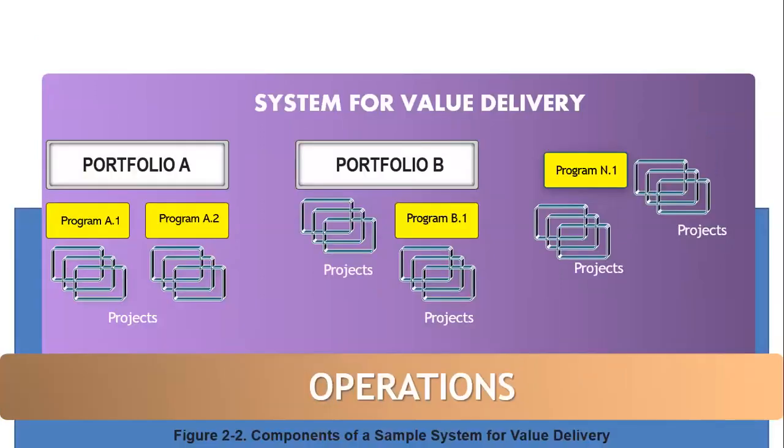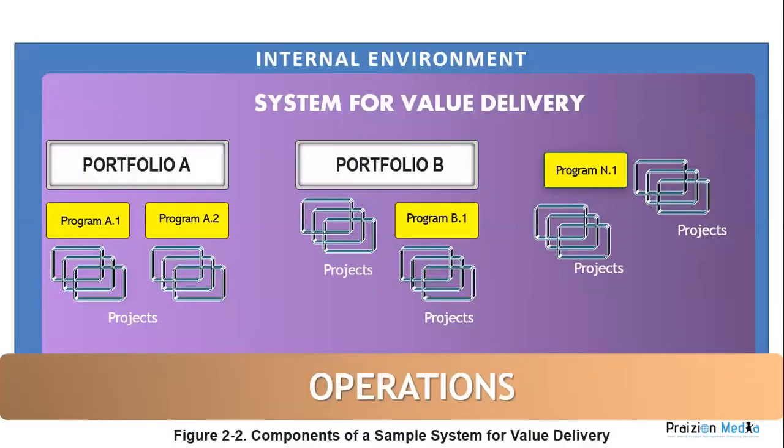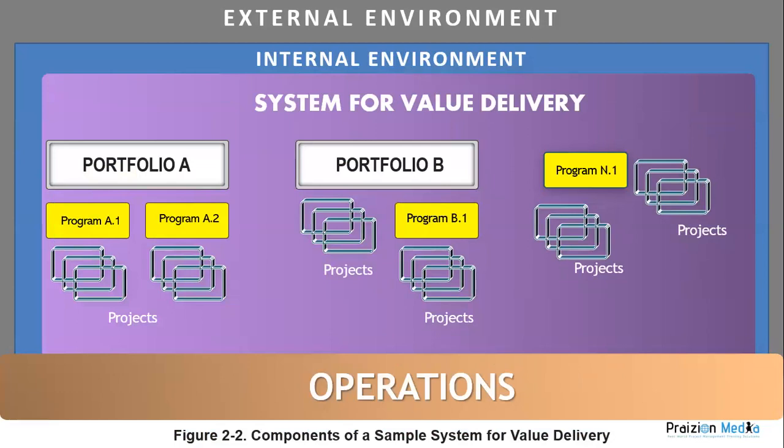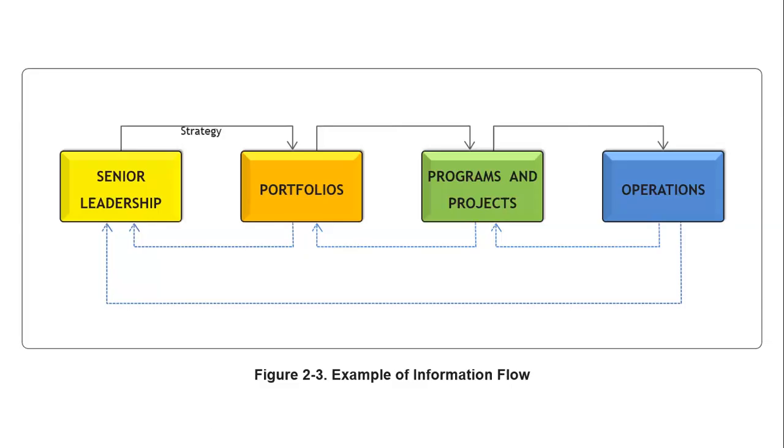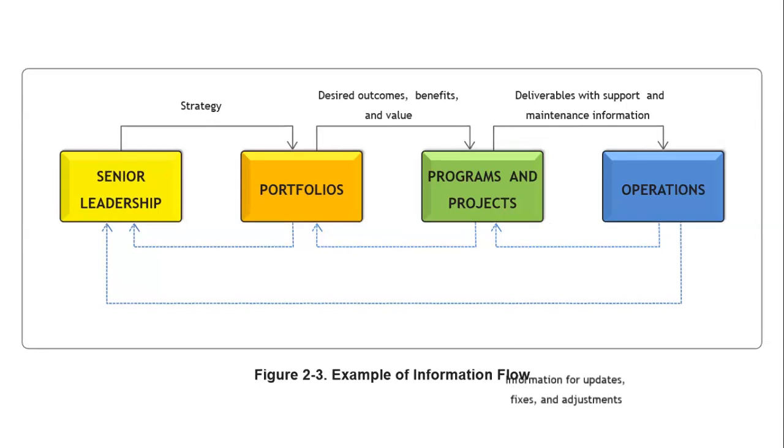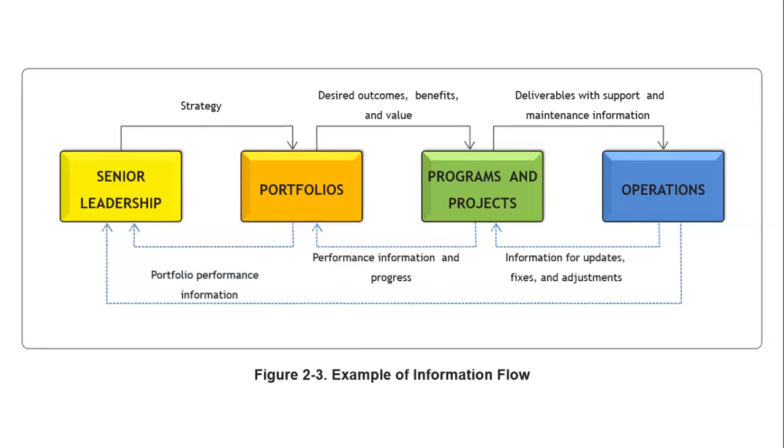The entire thing is in an internal environment, and then we have the wider external environment, and all that stuff is talked about, and how the communication happens, communicating strategy, outcomes, benefits, cascading down, and communicating the output and the outcomes back to management for understanding. That is talked about in the 7th edition, but in this course, we cover all that stuff.